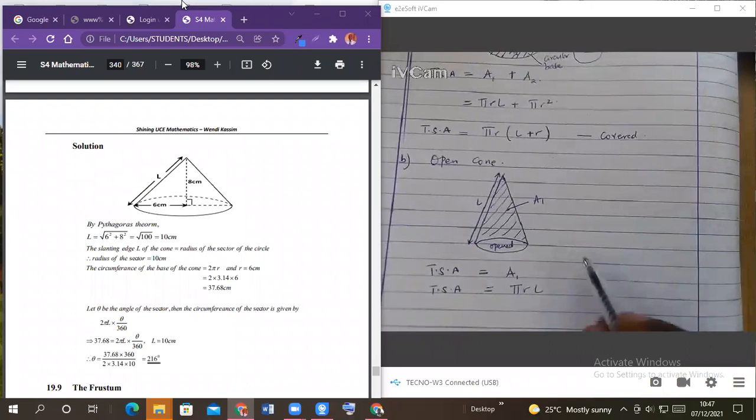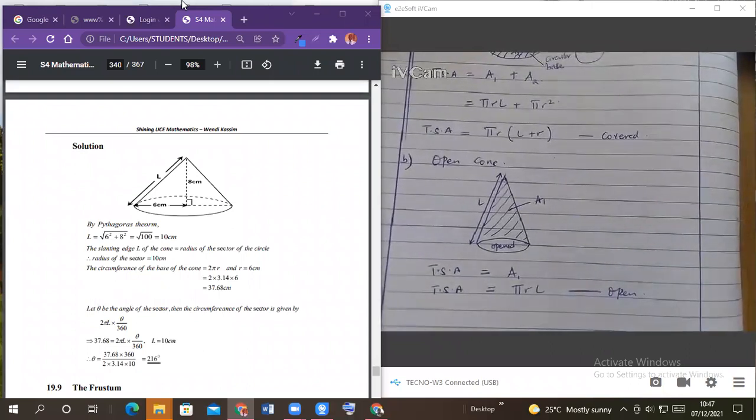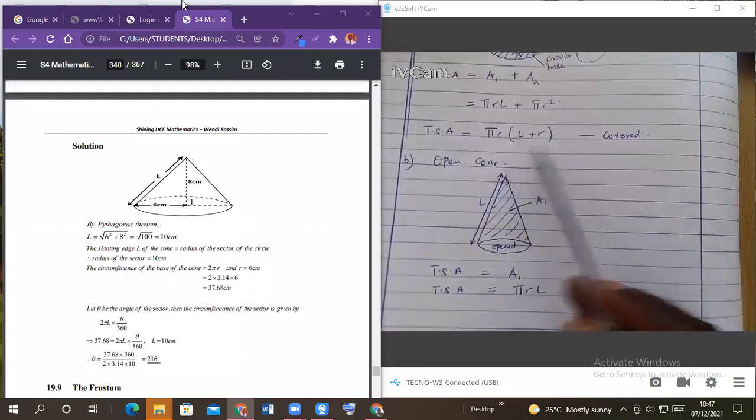So you should have a clear summary of that: for the open it is this, and for the covered it is this.